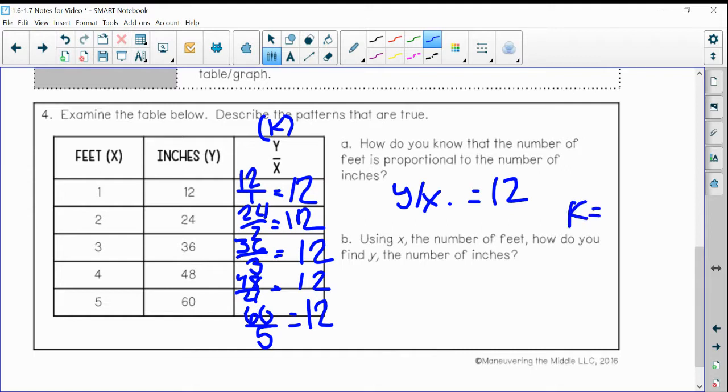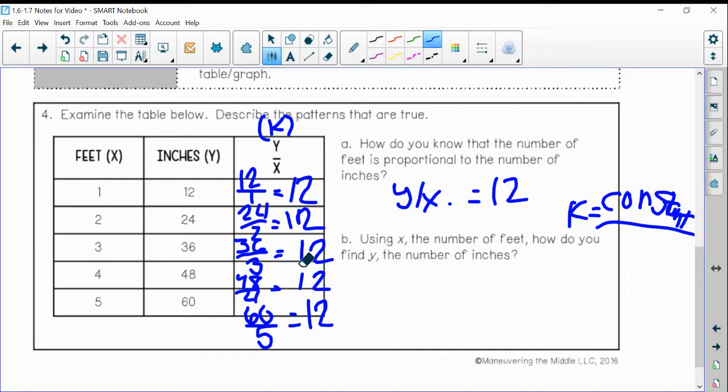Our k never changed. Constant, by definition, means it doesn't change. So because that constant of proportionality, that y divided by x, did not change, it is our constant of proportionality. If at any point that number changed, these would not be proportional and not be increasing at a constant rate.